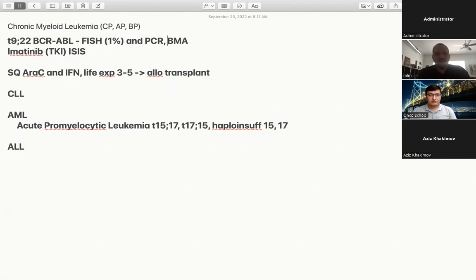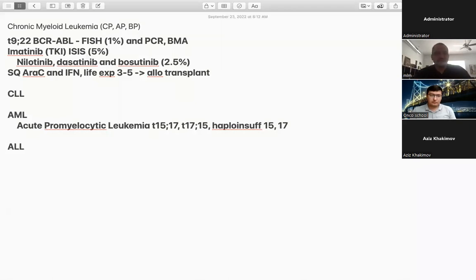There have been a bunch of other tyrosine kinase inhibitors that have come out. Things to notice about them is with the second generation tyrosine kinase inhibitors, which are nilotinib, dasatinib, and bosutinib, what they do is decrease the chance of going into a blast crisis to 2.5% instead of 5%.